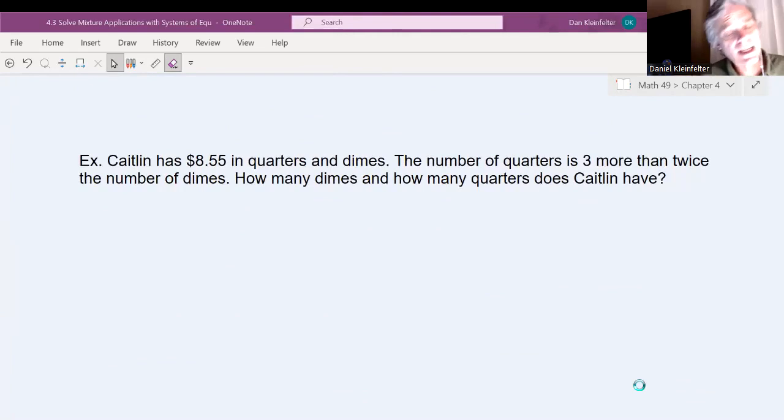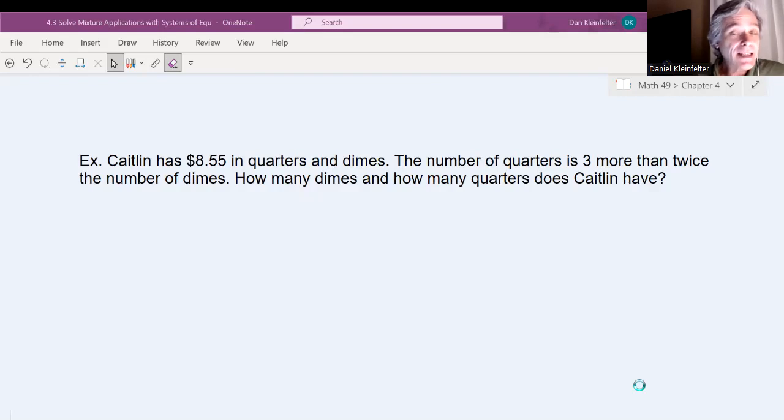The story here is that Caitlin has $8.55 in quarters and dimes. The number of quarters is 3 more than twice the number of dimes. We want to know how many dimes and how many quarters Caitlin has. So there are going to be two attributes to this question, a dollar amount and the number of actual coins.